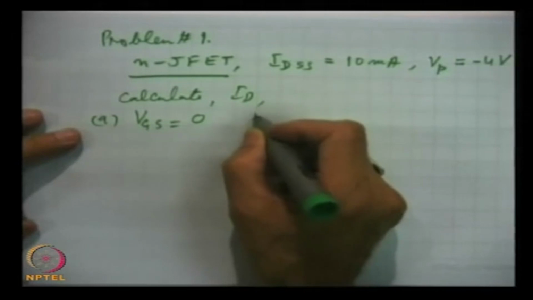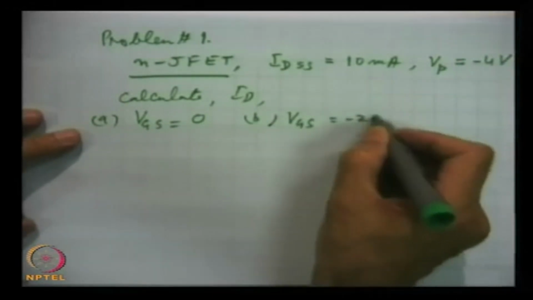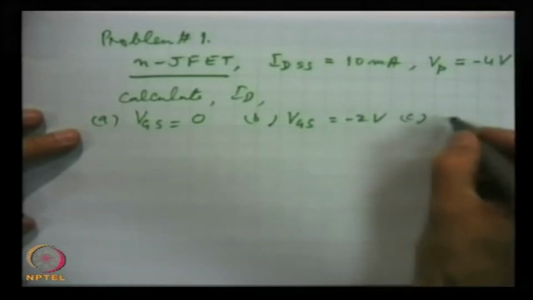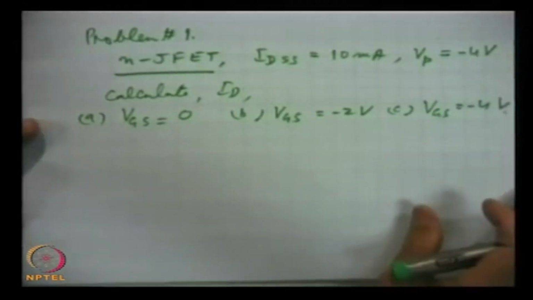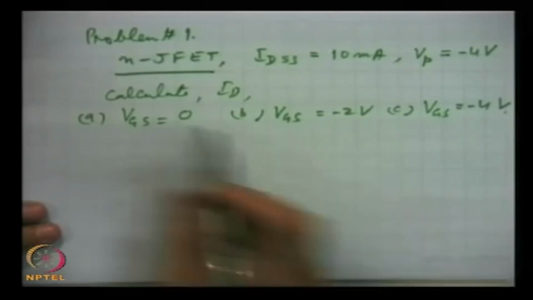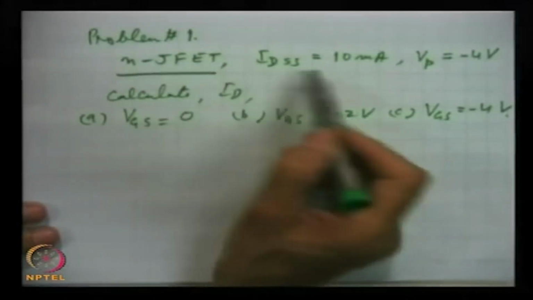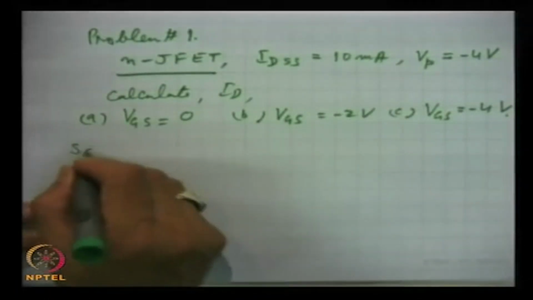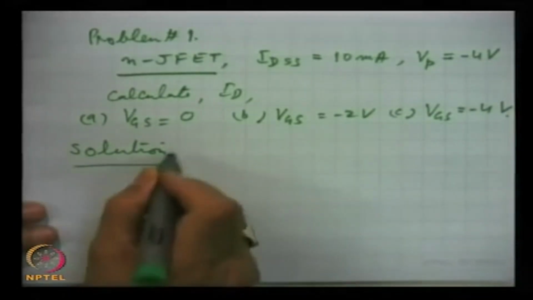B part: VGS minus 2 volts. And C: VGS is minus 4 volts. Under these three conditions, we have to find out the drain current when these are the parameters available. Now, we talk about the solution.